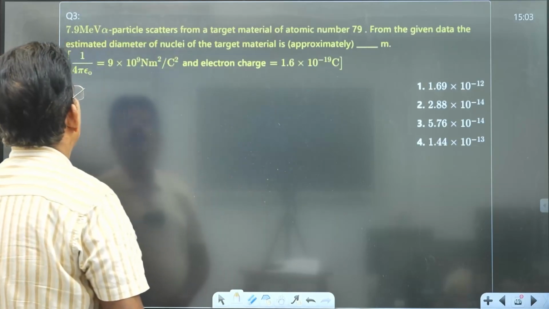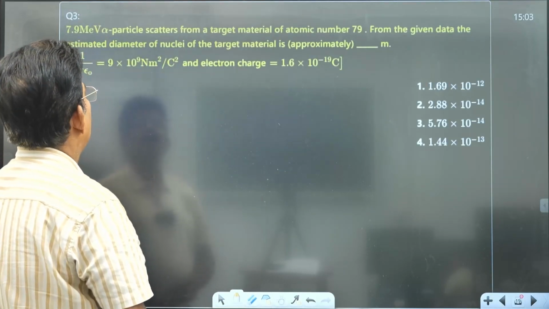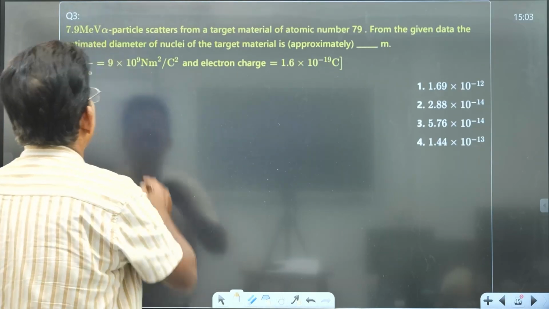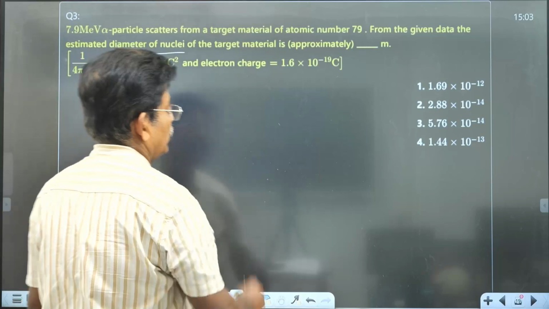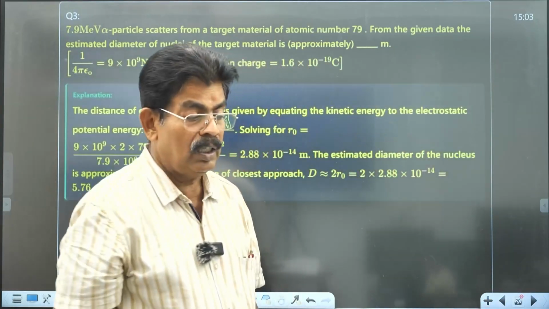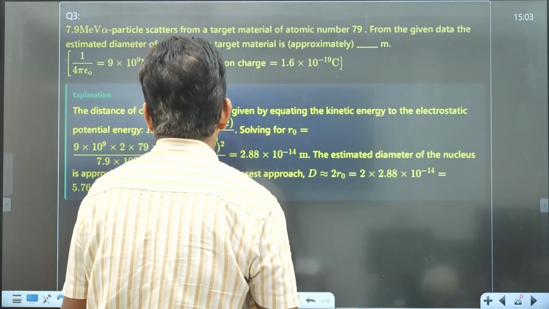Alpha particles from target material of atomic number 79. We have to calculate the estimated diameter of the nuclei. So this is a calculation based on distance of closest approach. We have a ready-made formula.